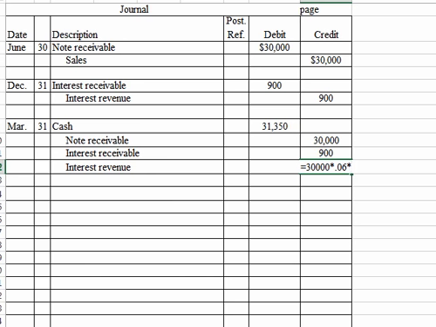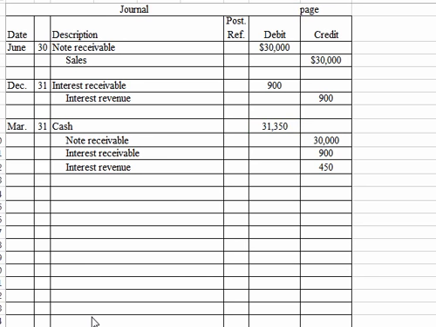So 3 months divided by 12, that's what, 25% of the year? 450, and that should balance. 900 plus 450 is 1,350, plus 30,000 is 31,350. Okay, that takes care of our entries there. And that's all of instruction 1.